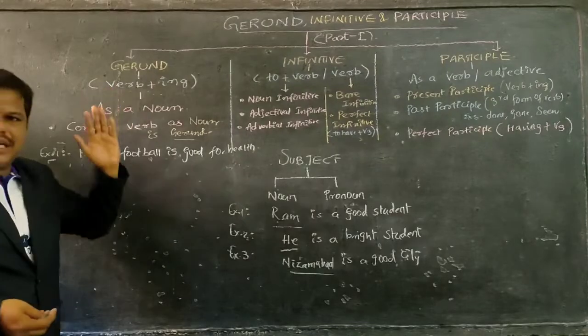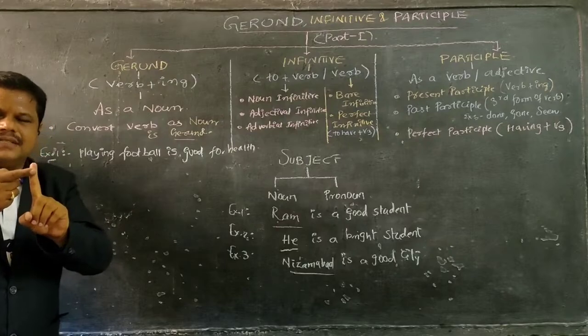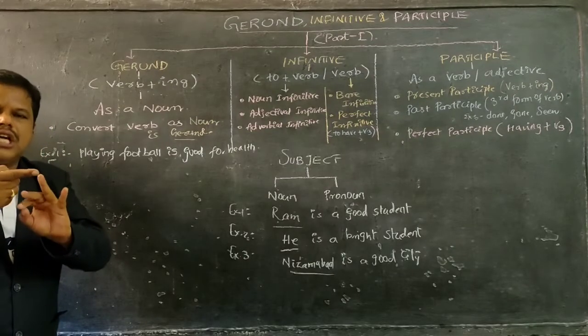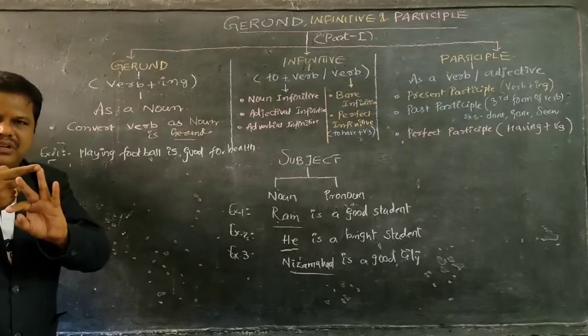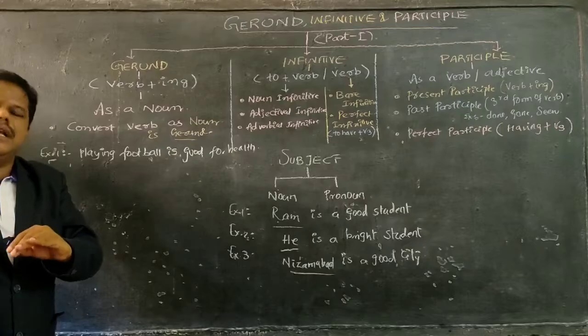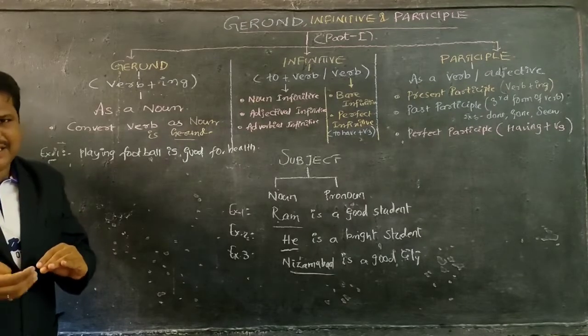You know very well there are three forms. First one is simple present tense, that is V1. Second one is simple past tense, V2. Third one is past participle, V3. If you add V1 plus ing, it is also called the V4 form, that is the present participle.